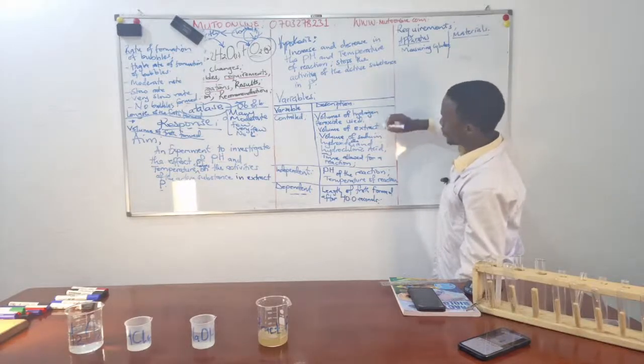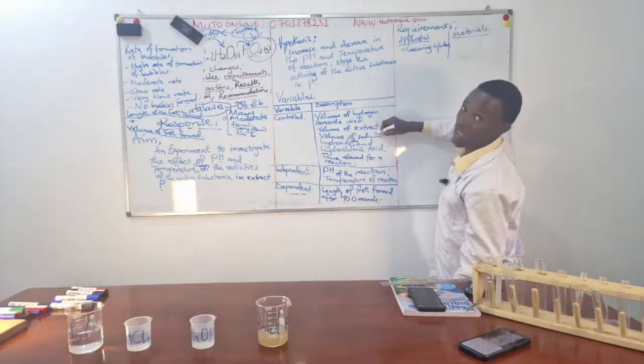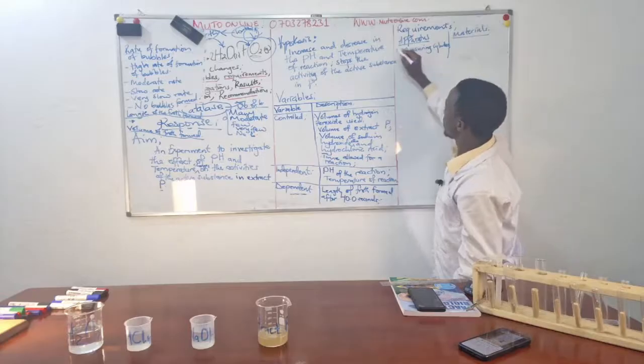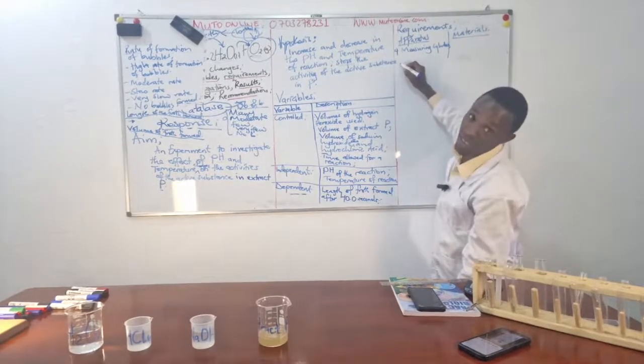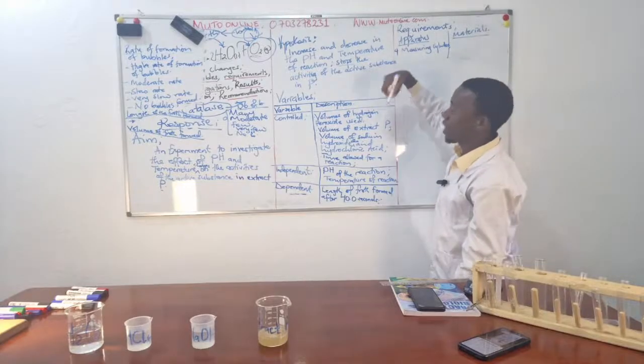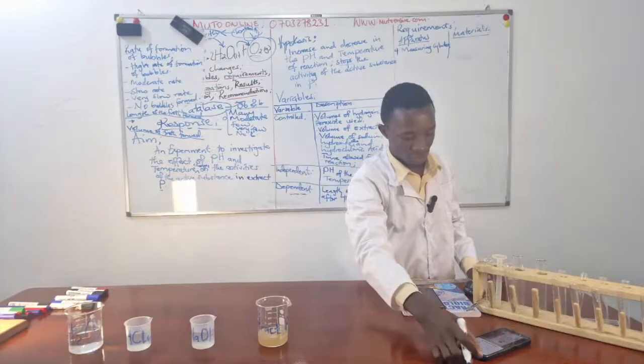Or I may use one to measure hydrogen peroxide, clean it, and use it to measure sodium hydroxide after. Let me take 4 measuring cylinders if the school can provide.